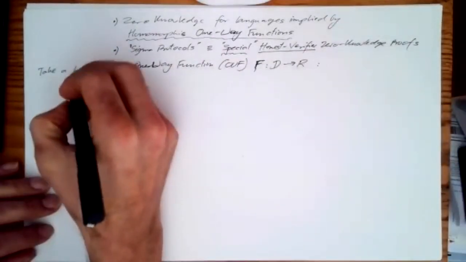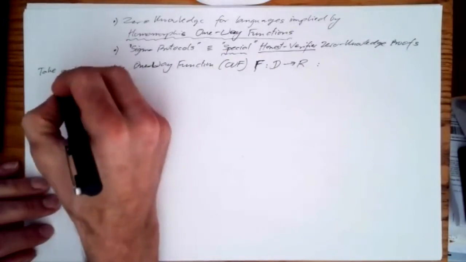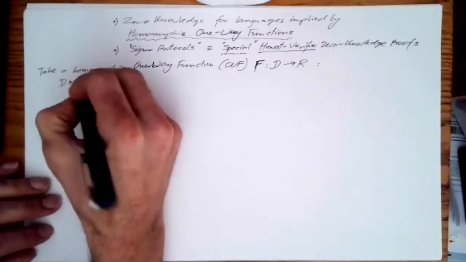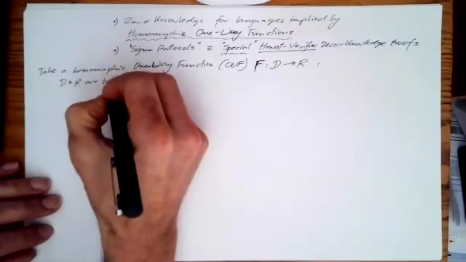And it is homomorphic in the following sense: D and R are both groups.